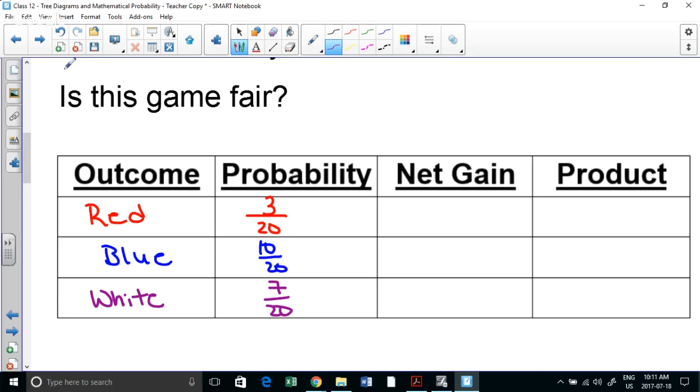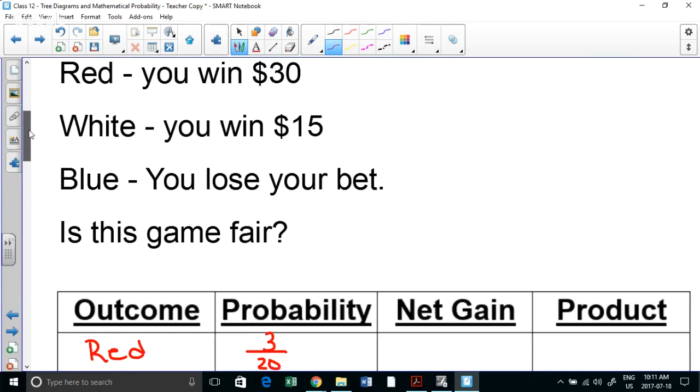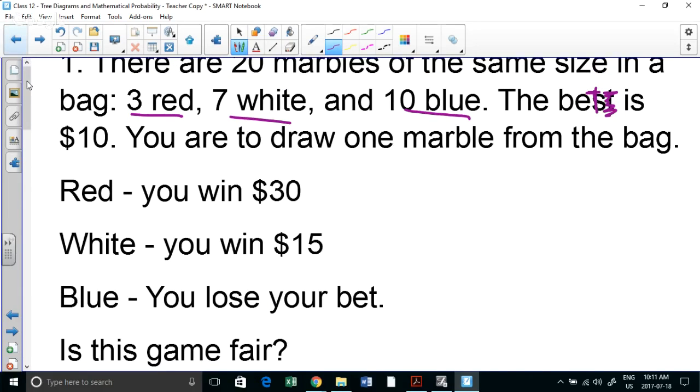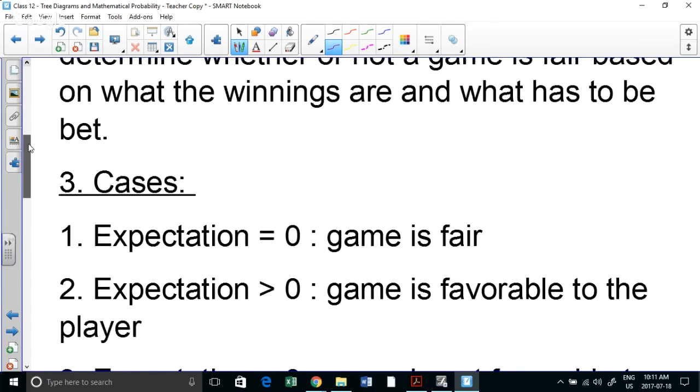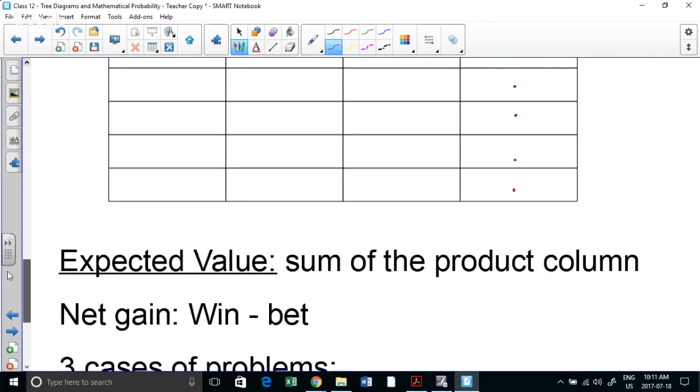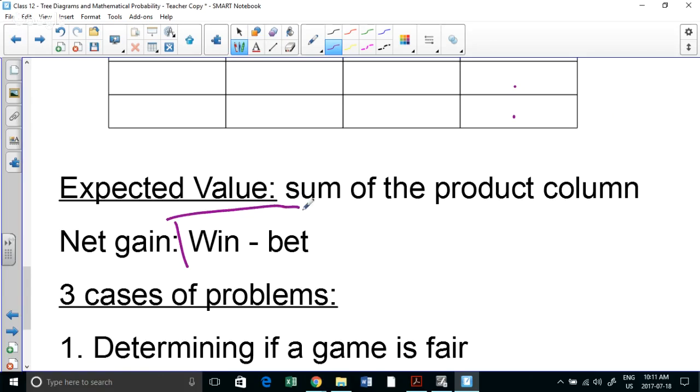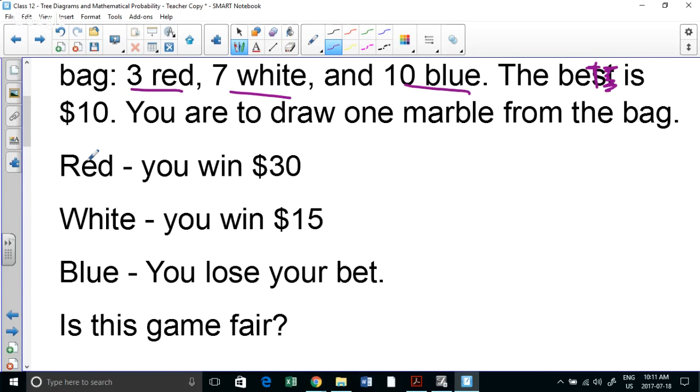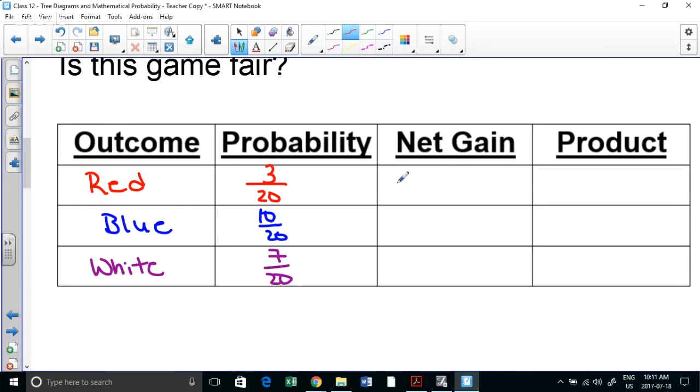Now the net gain, this is the only thing that's a little tricky. The net gain, if we look here, is what you would win minus your bet. Because although when I pick a red, I get $30, I paid 10 to play the game. So in reality, I'm going to win 30, but I paid 10.